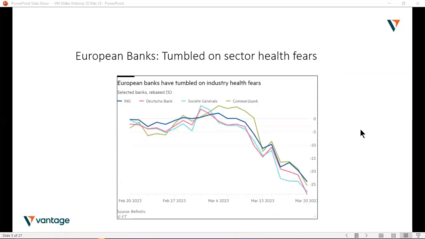Also, I've got here more recently a snapshot from this morning from the FT, showing you where European banks are now as well.